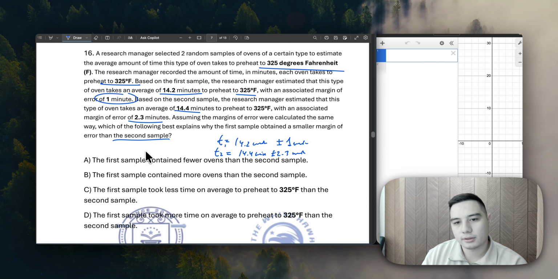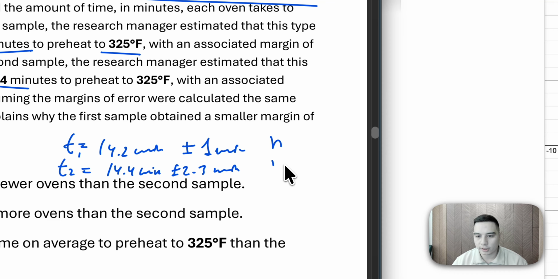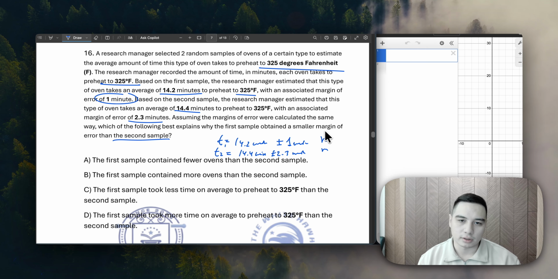The meaning of margin of error is that if you have more information or more raw data, you can get more precise results. If you use the same way of calculating for two cases, for the first case you have n ovens, for instance, and here m ovens. They are not equal. They didn't say the number of ovens.